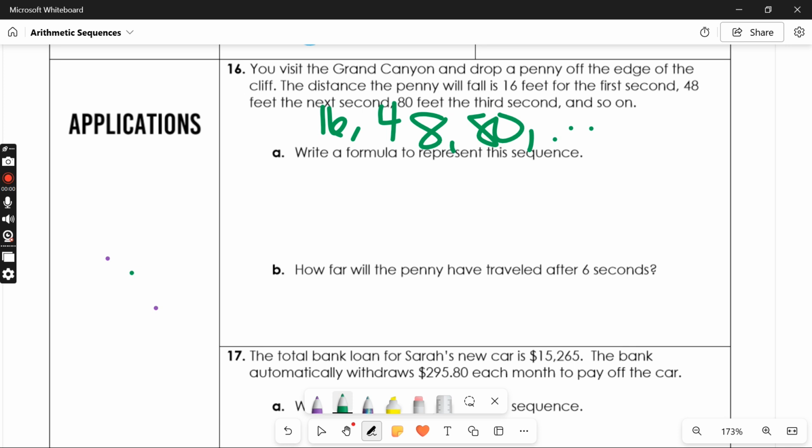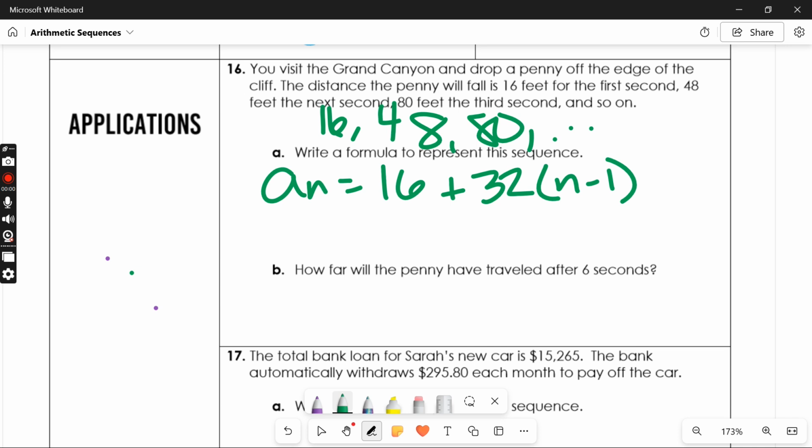Okay, so it starts at 16, and then it goes up to 48, so that would be 32, and then up to 80, which again is 32. So it does have that repeating pattern, and I can find my formula. My formula for this is going to be a_n equals my first term, which is 16, plus my difference, which is 32, times (n minus 1).